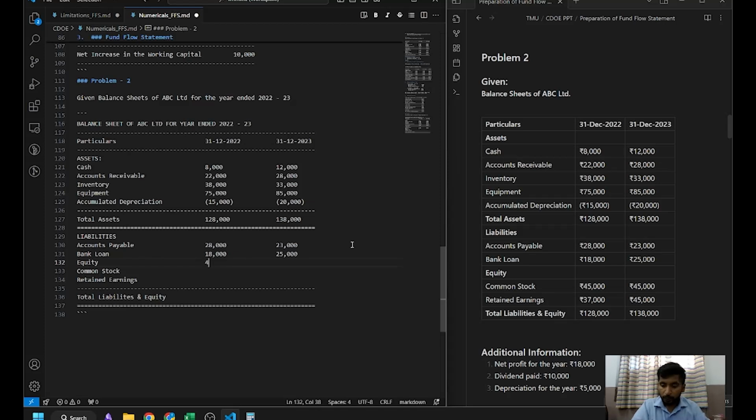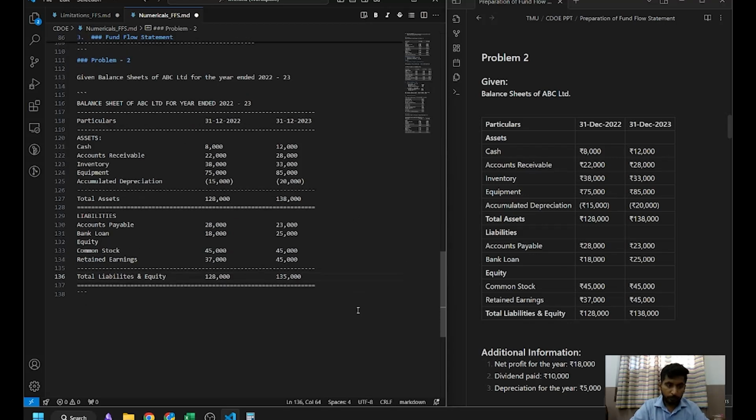We have the common equity, that means the common stock, of 45,000 for the year 2022 and 45,000 for the year 2023. That means no change. Retained earnings. We have the retained earnings of 37,000 for the year 2022 and 45,000 for the year 2023. Making my total liabilities and equity as 1,28,000 and 1,35,000, hence matching the total assets column. Okay.